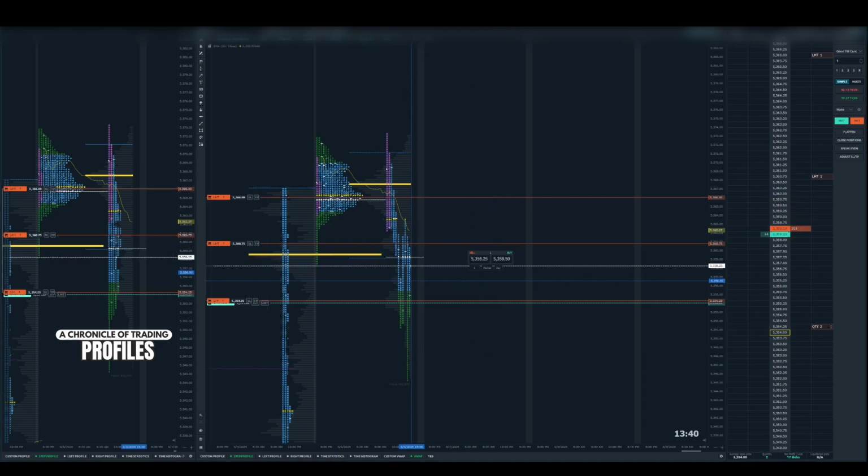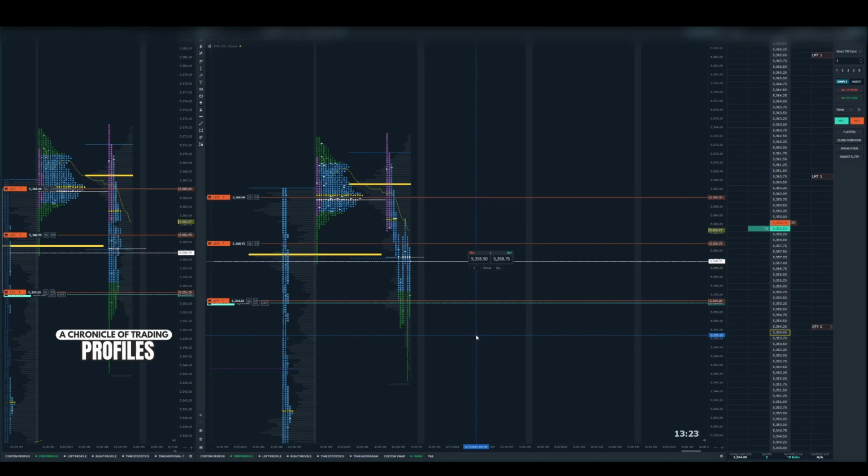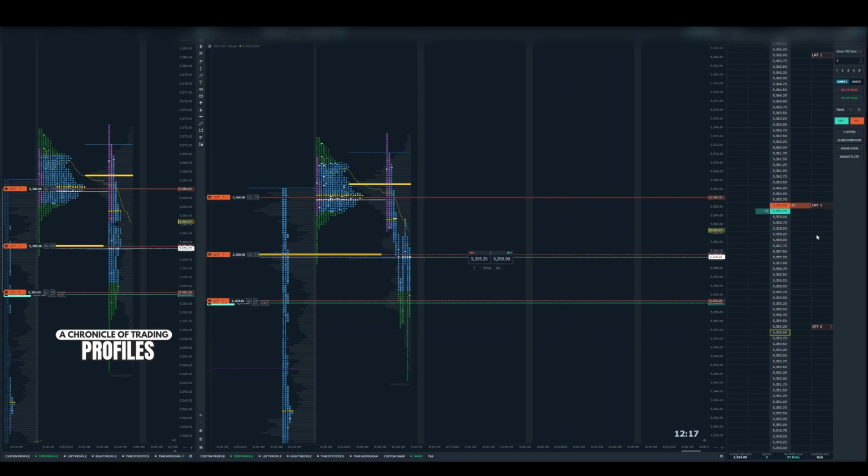So this next time when we get close, it's got to be this push up right here. Same thing. I'm not going to argue over a couple ticks. So I'll close this one out right here.